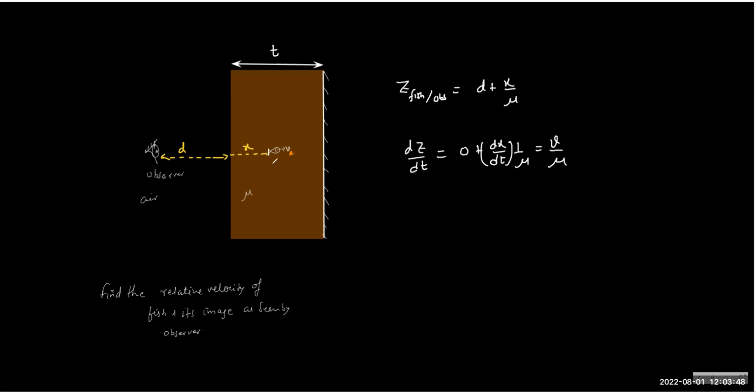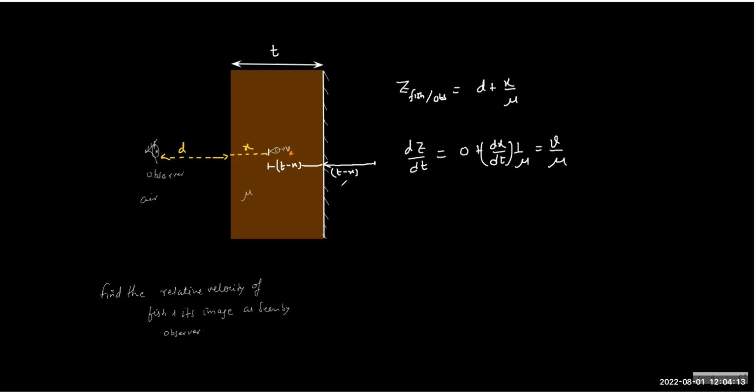So where will the mirror appear for the observer? Or simply, what is the image distance from the mirror itself? It's the same now, because the mirror will see the fish at the exact same location, correct?